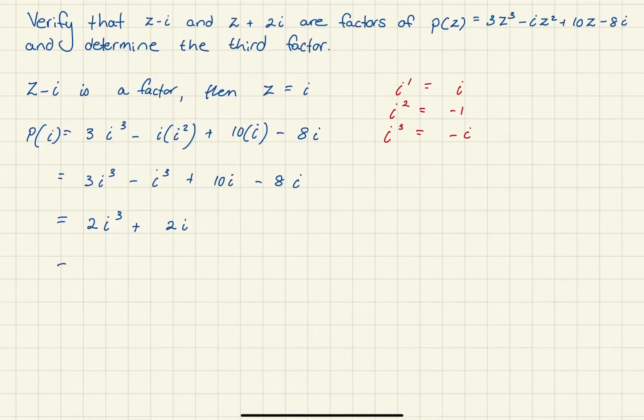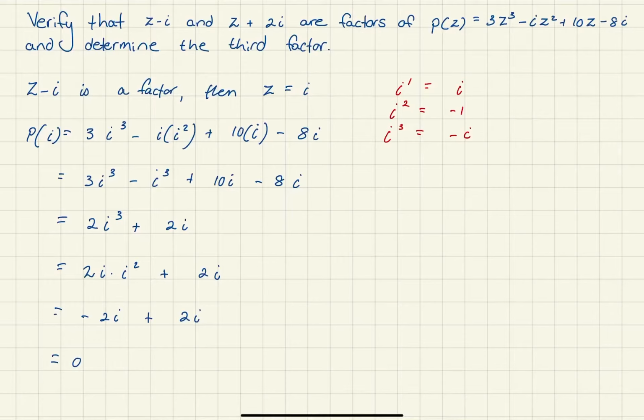So what I'm going to do is say this is equal to 2i times i squared, that's just that first term, plus 2i, and this i squared, well, what is that? That is equal to -1, which is equal to -2i plus 2i, which is equal to 0.